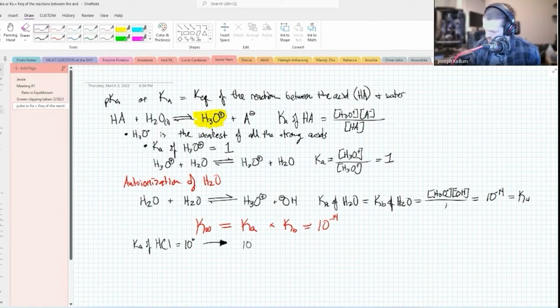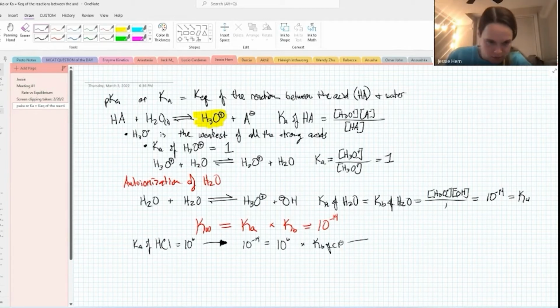You've got 10 to the minus 14, that's Kw, equal to 10 to the 6, the Ka of HCl, times the Kb of chloride. So what's the Kb of chloride? Just 10 to the minus 14 divided by 10 to the 6, so it's 10 to the minus 20... 10 to the minus 8.